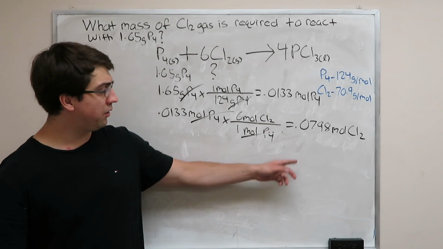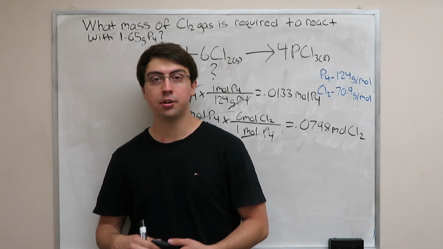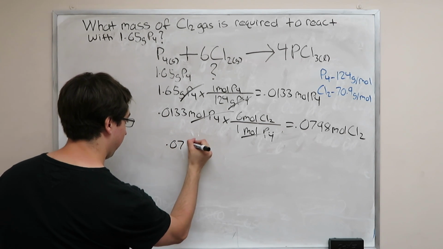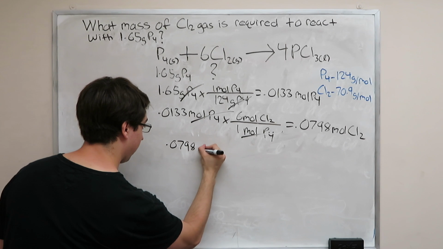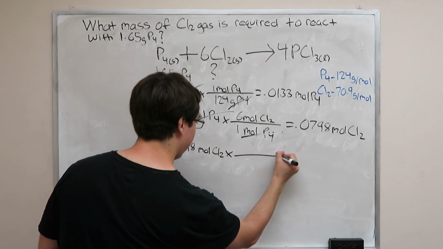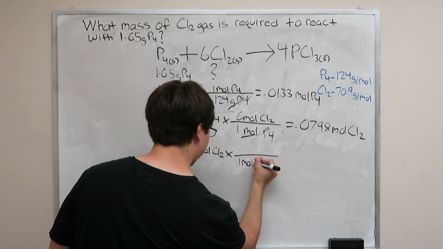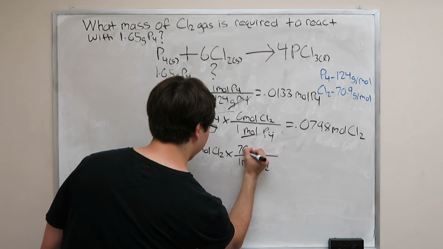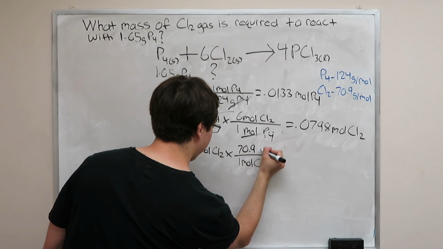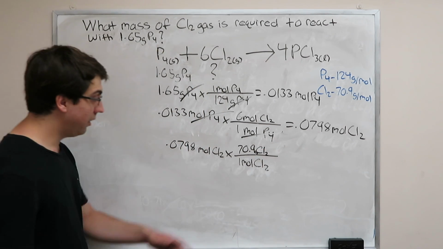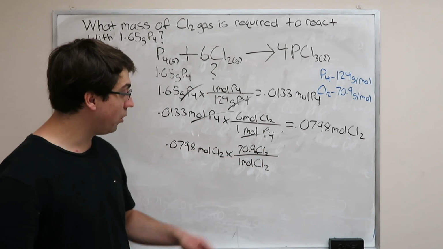The last thing we need to do is convert the moles of chlorine to grams of chlorine. There is 70.9 grams in 1 mole of chlorine.